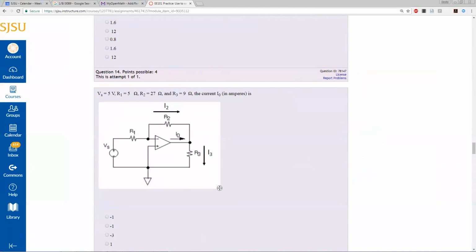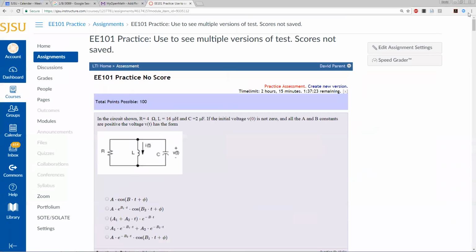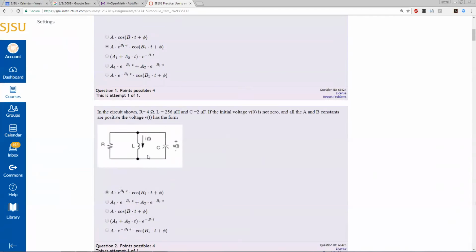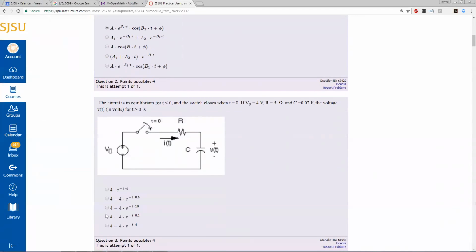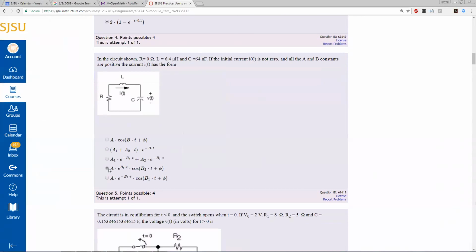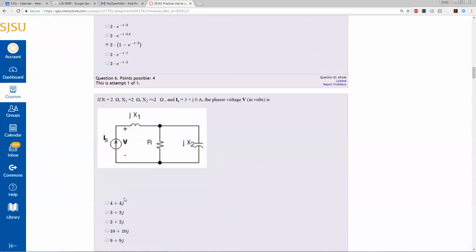Now, with this particular test where you can just keep creating your own versions, it'll tell you how you do, but it won't save any score, right? So I'm just going to check that out by randomly selecting answers.